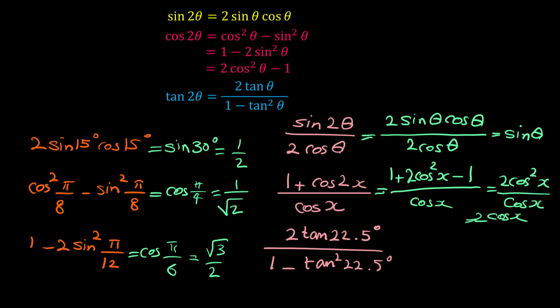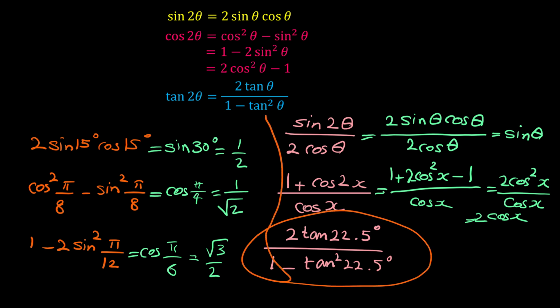Look at the next example. 2 tangent of an angle like theta all over 1 minus tangent squared of the same angle. So this should remind you, of course, of this formula: 2 tangent theta all over 1 minus tangent squared theta.